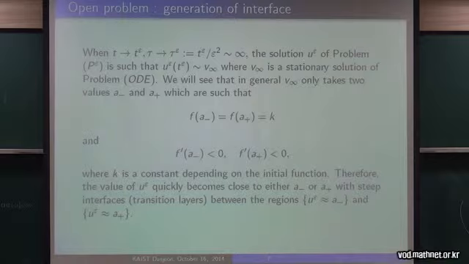The constant k here will depend on the initial data. So what will happen is that after time t epsilon, u epsilon will become close to either a minus or a plus, with steep interfaces between the regions where u epsilon is close to a minus and where u epsilon is close to a plus.